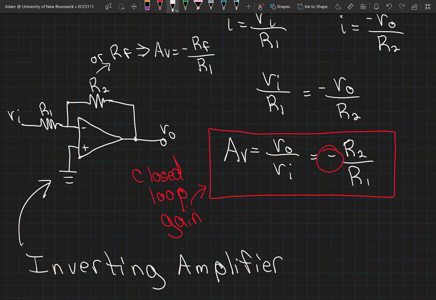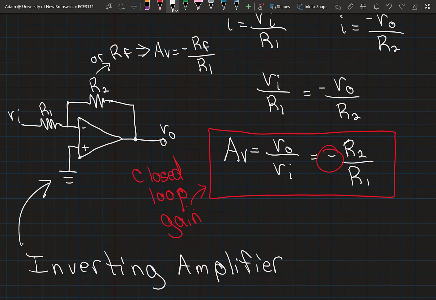Nowhere in this expression is that open loop gain term that we said was 100,000 or a million. It's purely based on the resistors in the feedback network, which gives you the capability to very easily and accurately control the gain of an op-amp.